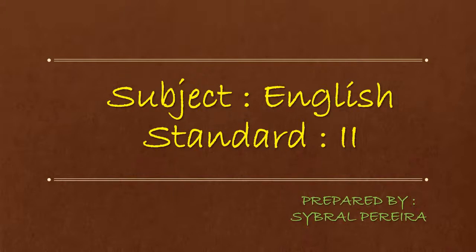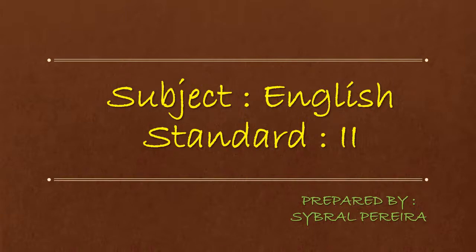Before starting today's topic, I would like to ask a few questions. Students, from where do we get vegetables and fruits and all the rest of the things which we need in our house? Very good. We get them from the market.